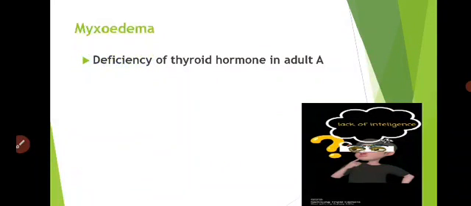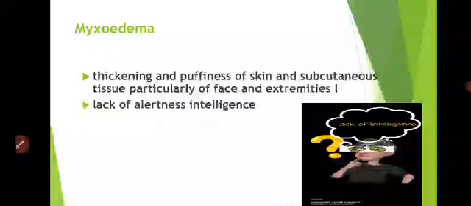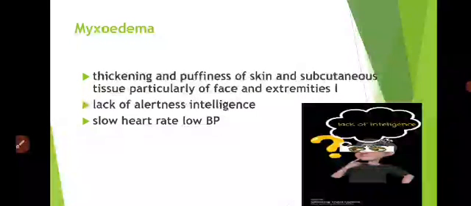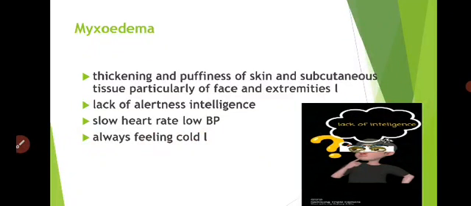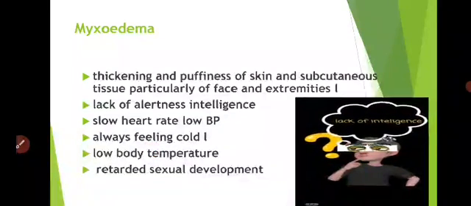Then here the myxoedema. In myxoedema, there is deficiency of thyroid hormone in an adult: thickening and puffiness of the skin and subcutaneous tissue, particularly of the face and extremities, lack of alertness and intelligence, slow heart rate or low BP, always feeling cold, low body temperature, retarded sexual development.